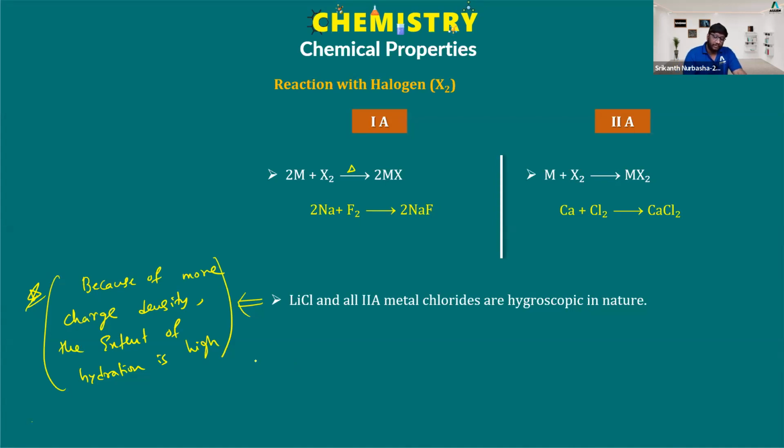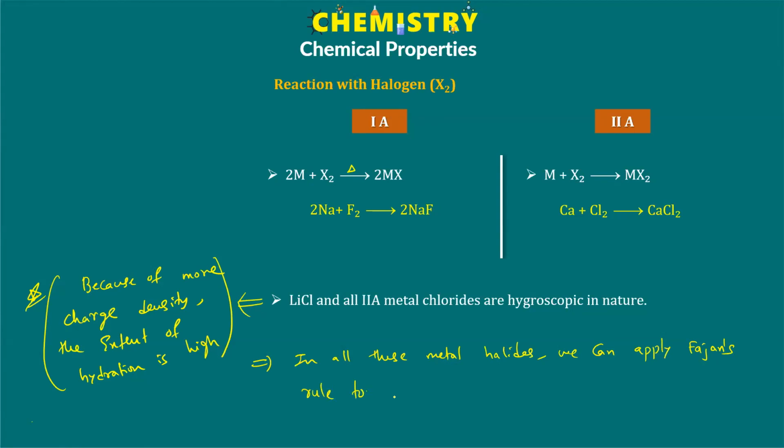And in all these metal halides, you can apply Fajan's rule to understand the covalent character. Anyone can say Fajan's rules? Metal with more charge density will polarize the anion, thereby increasing the covalent character.